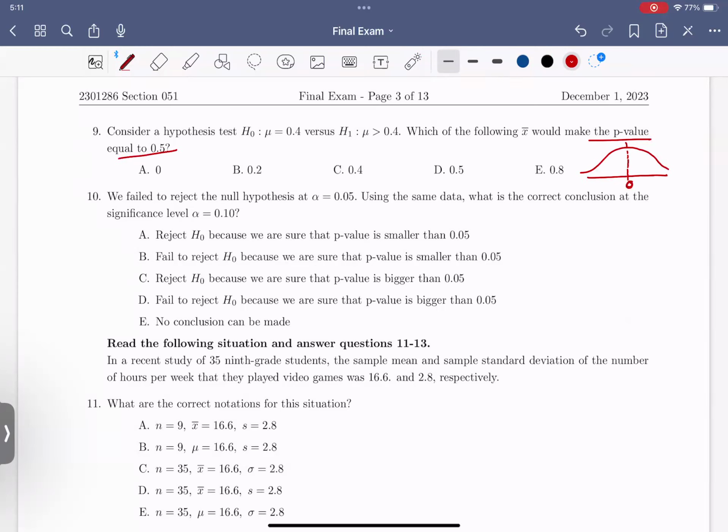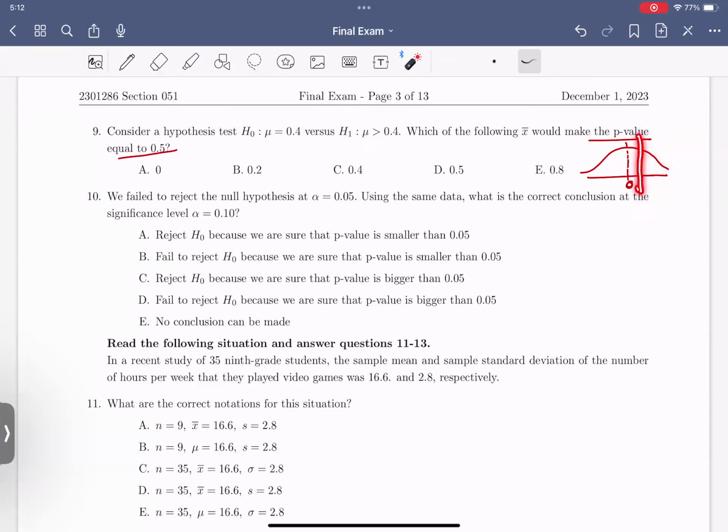Because it's going to be standard normal or T. And then for the p-value, look at H1 here. H1 is mu greater than 0.4. So the t-test is on the right-hand side here. Let's suppose that the t-test is here. So that means the area on the tail is going to be the p-value, right?